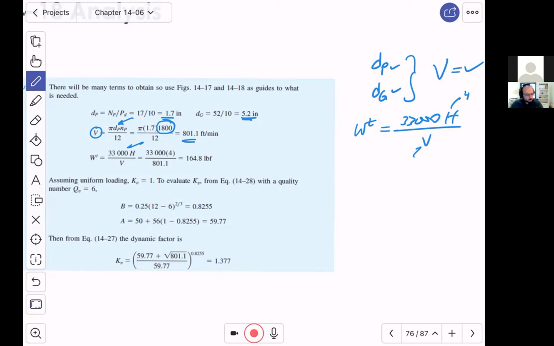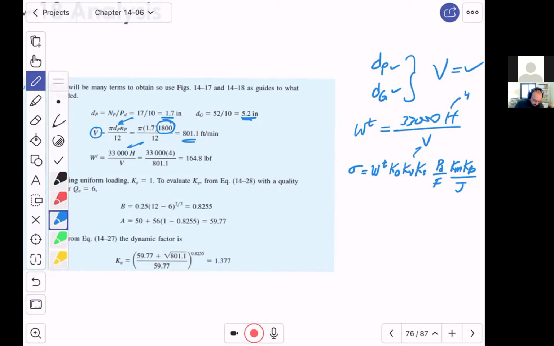Then if I write the equation for sigma, so sigma is equal to WT multiplied by KO, KV, KS, and then the diametral pitch divided by F, and then Km multiplied by Kb and divided by J. So if you look at this, we just found our first unknown, which is WT.